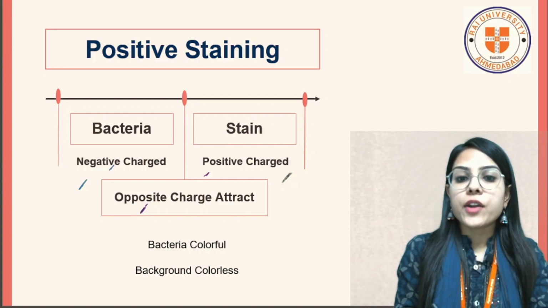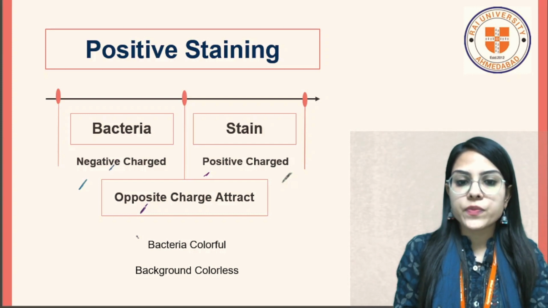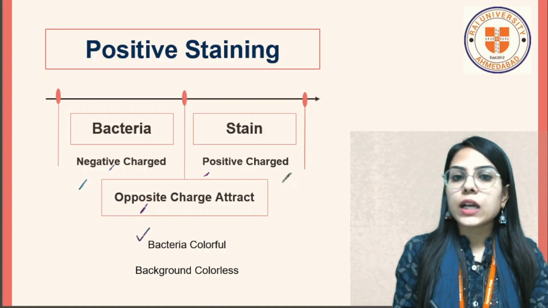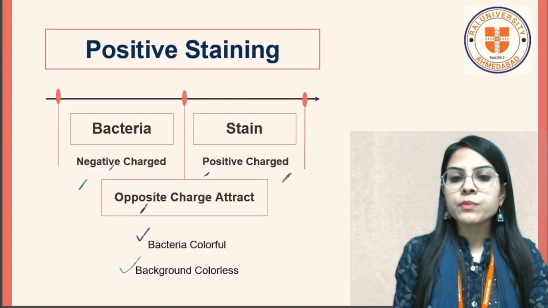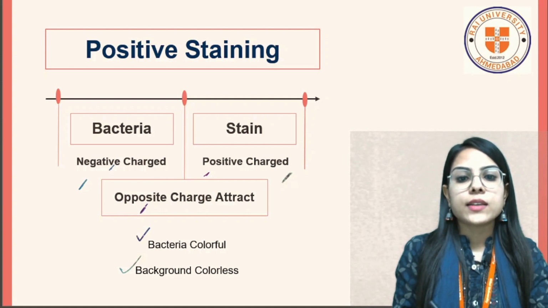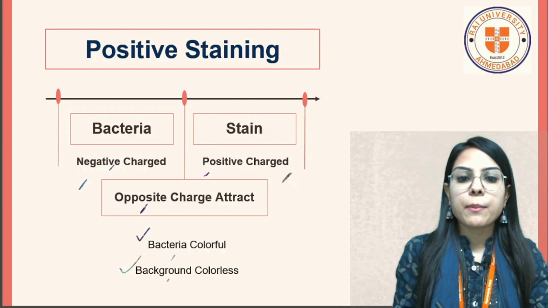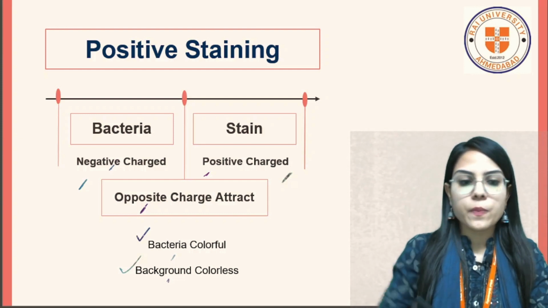That is why bacteria will be colorful and the background will be colorless, because all the stain is absorbed in the bacterial body. So in positive staining, this is the result.